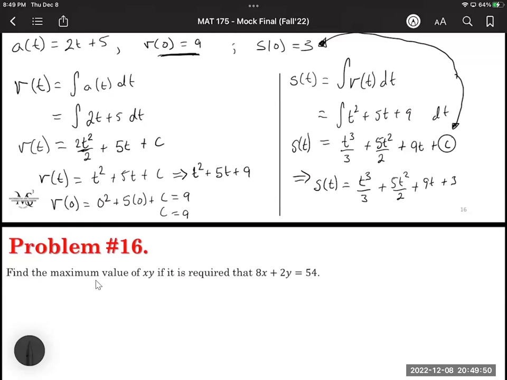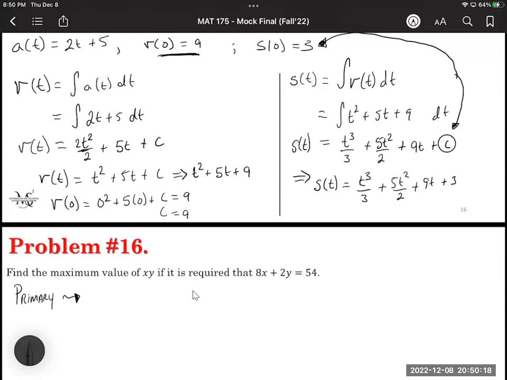So in this problem, you have two equations going on. One of these equations is the primary equation. One of the equations is the constraint equation. So what do you think is your primary equation? In other words, what is the equation that we're trying to optimize? xy. That's right, Andrea.